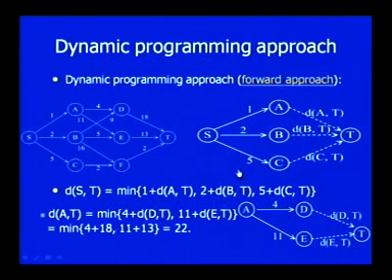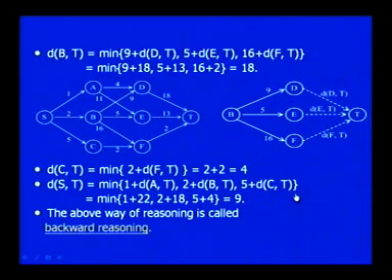Now, you can see very well your problem of S to T, which became later on the minimum of 1 plus D of A comma T, 2 plus D of B comma T and 5 plus D of C comma T, now can be easily solved, because now we know the values of D of A comma T, D of B comma T, D of C comma T. So, now you can see everything, you can substitute everything, and the minimum is 9.